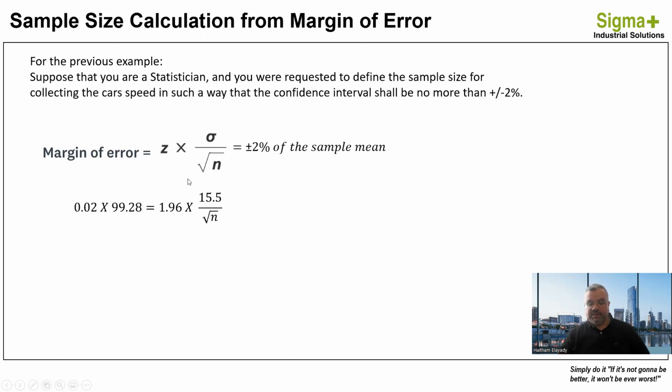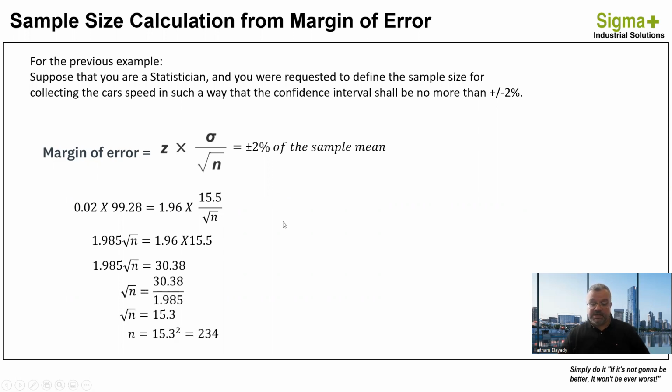So if I write that equation, 0.02 multiplied by the average value of the speed equals the z-score, which is 1.96, multiplied by 15.5 divided by the square root of the sample size. That will give me, at the end, the sample size that we need to collect: 234.